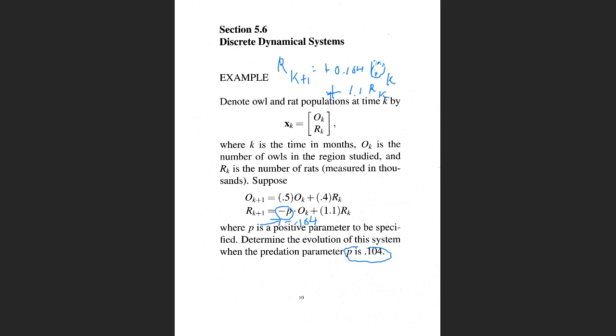I mean, what's going on? Why not have a positive 0.104?